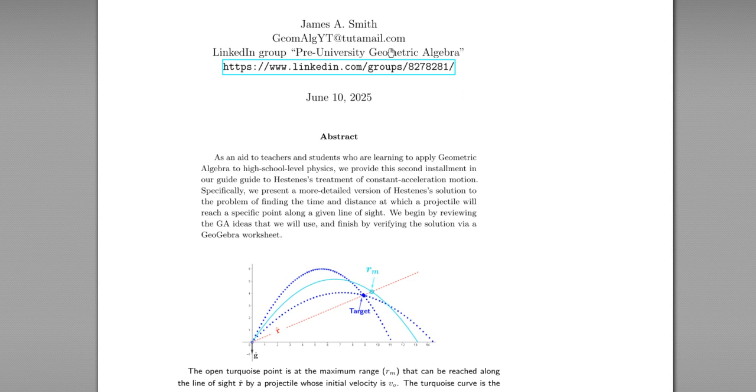The portion of Hestenes' book that we treat in this document is entitled Maximum Range, but actually that section treats much more than just that single topic. And that, in a certain sense, is one of the weaknesses of this section. David Hestenes was under pressure to keep his book down to a manageable length, so he could not really provide the structure or the thread of a lot of what he was doing.